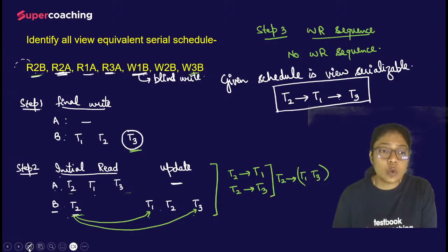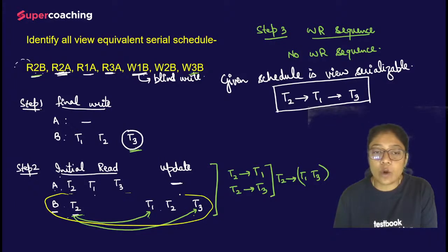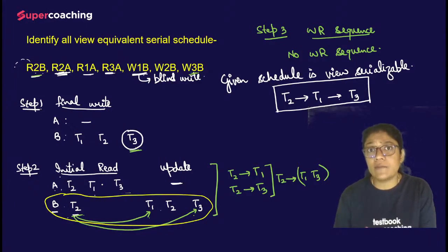अब यहाँ से conclusion क्या निकल रहा है? This statement is saying that पहले T2 read operation perform करेगा because it wants to get the values from the database.